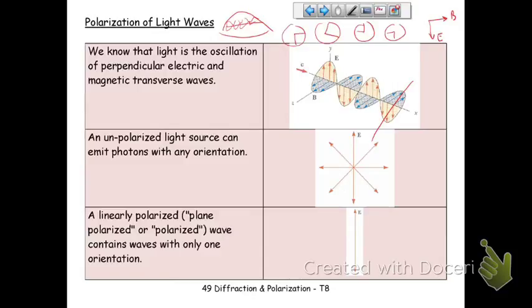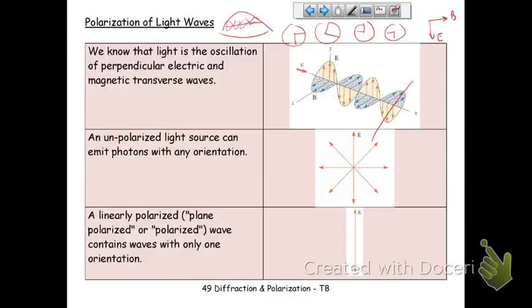Who cares? Back in the day, what they found was they could make some crystals. Some were naturally occurring, and they had really weird properties. What you'd find is that they would not let all the photons through, certainly not all the light intensity.